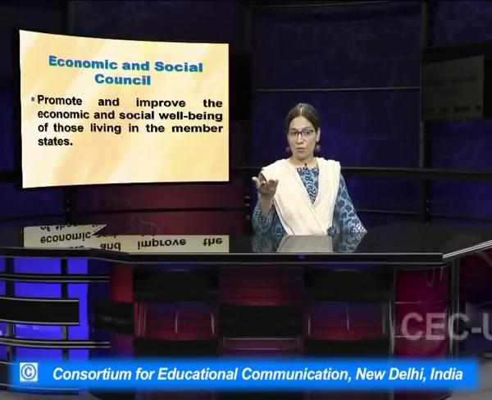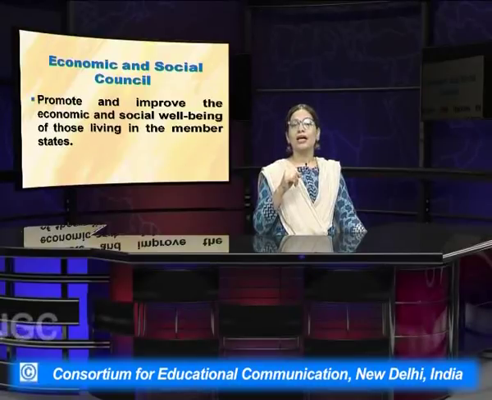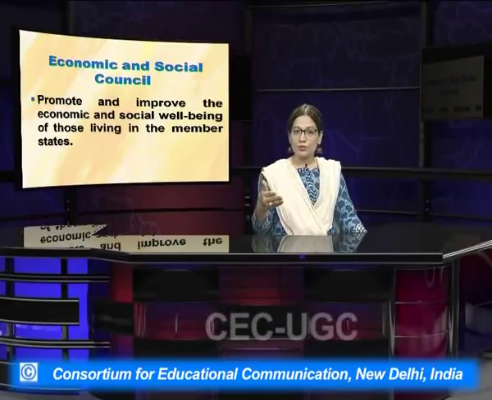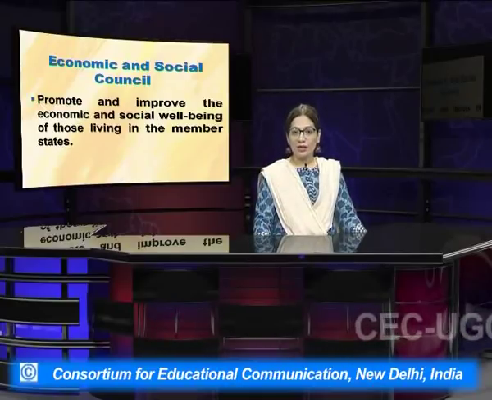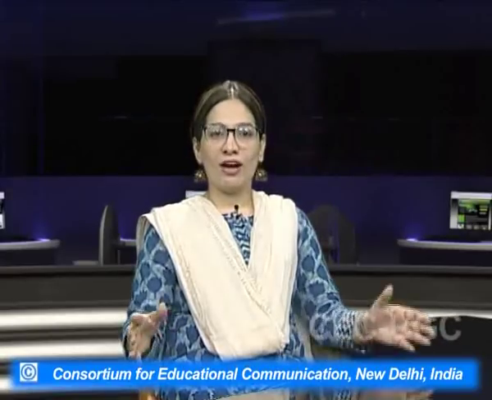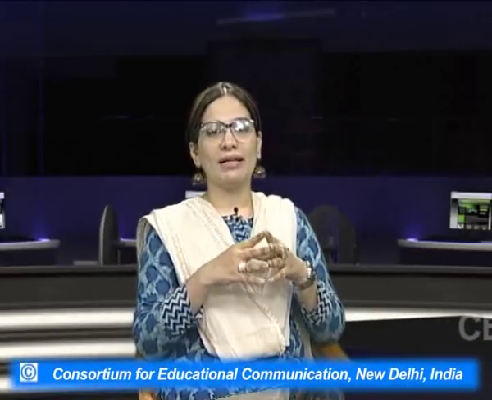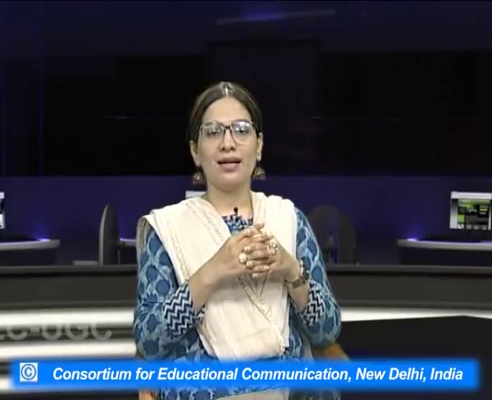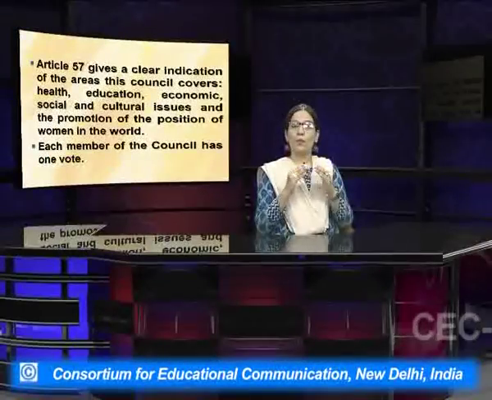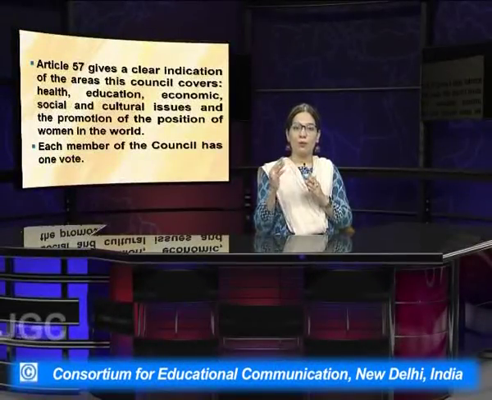Coming to the next organ of the United Nations, the Economic and Social Council. It aims to promote and improve the economic and social well-being of those living in the member states. When we look at the Economic and Social Council, Article 57 gives a clear indication of the areas within which the Council works.